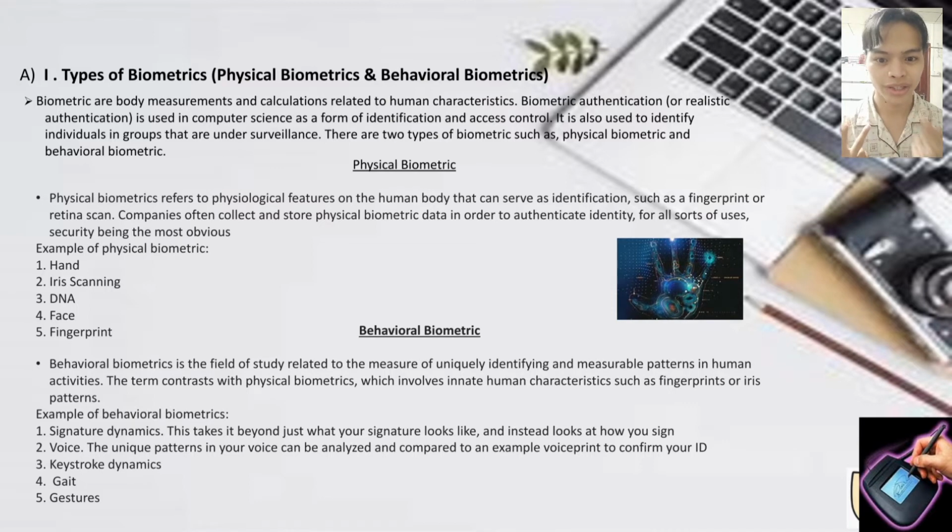The unique pattern in your voice can be analyzed and compared to an example voice print to confirm your ID. Third, keystroke dynamic. And the fourth, gait, and the last, gesture.